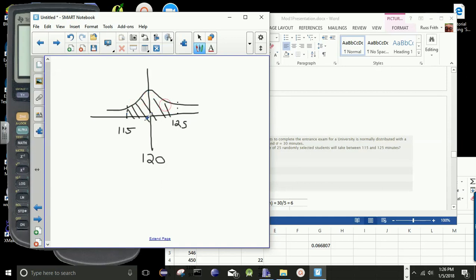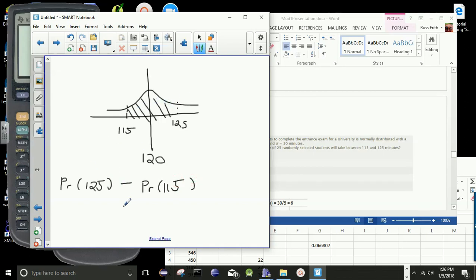Okay, so to find this area, what you'll do is you'll calculate the probability of 125, which will give you the area to the left, minus the probability of 115. When you subtract these two probabilities, you'll have this middle area.